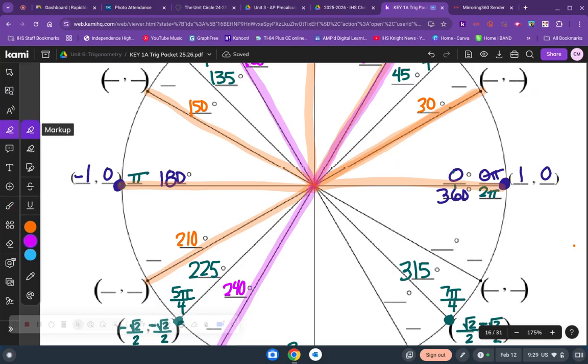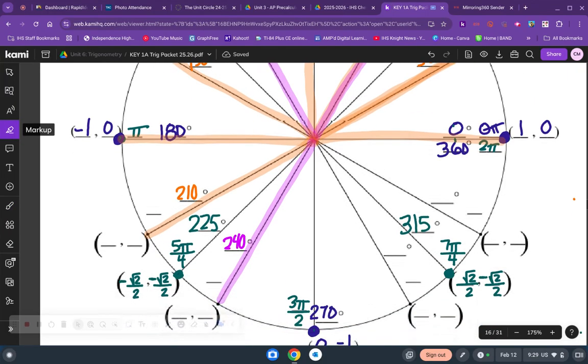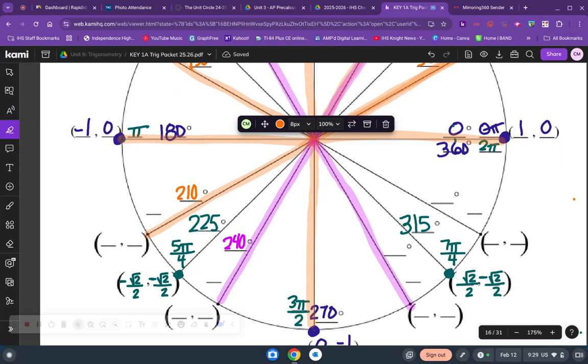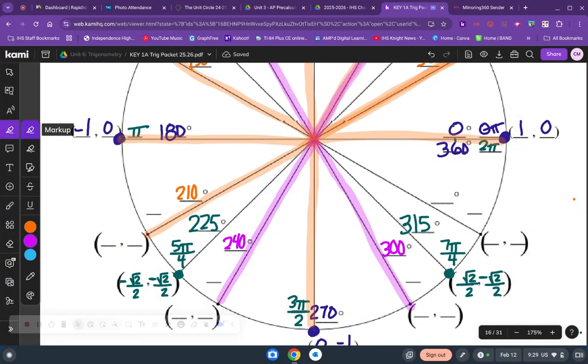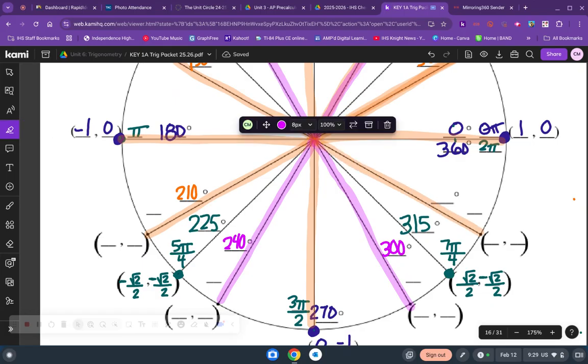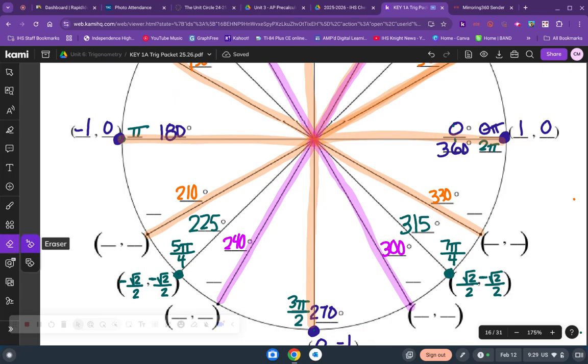Keep going. The next one would put me at 270. And then 30 more puts me at 300 degrees. And again, I keep alternating my colors for the different families. Next, I'm at 330. And then finally, I get up to 360.